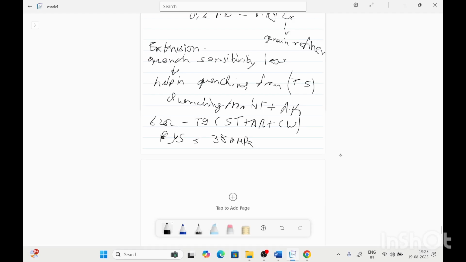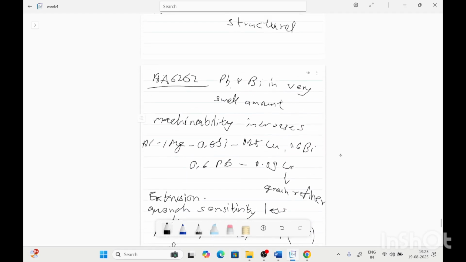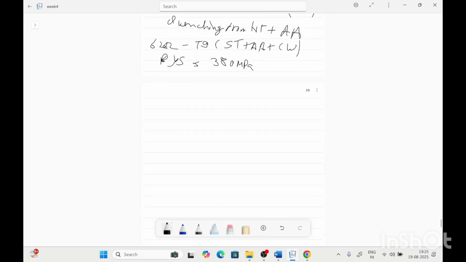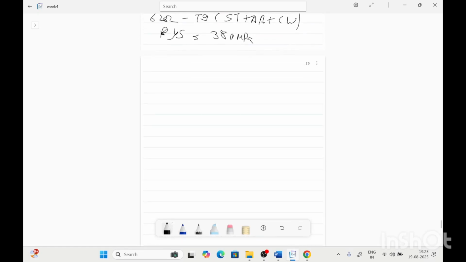Means here the yield strength increased from this 6061 alloy. So the 6061 alloy, 6063 alloy are known to have the good surface finish.